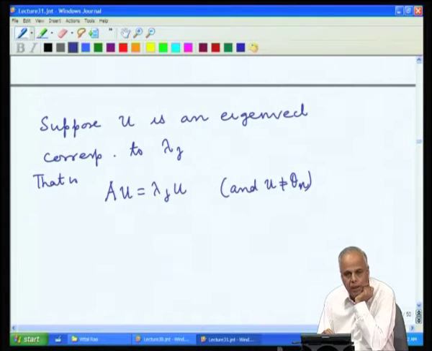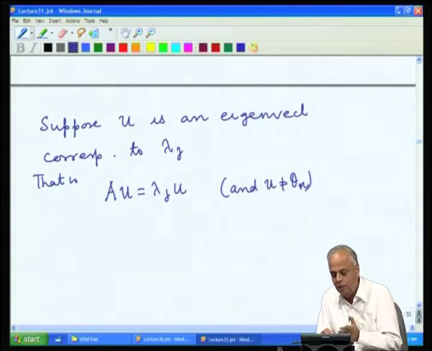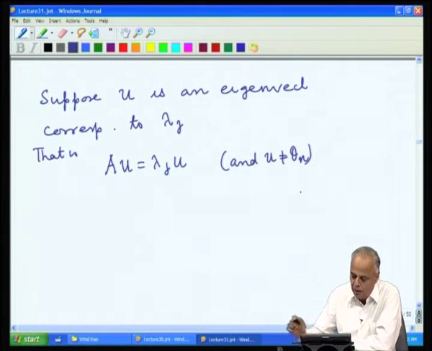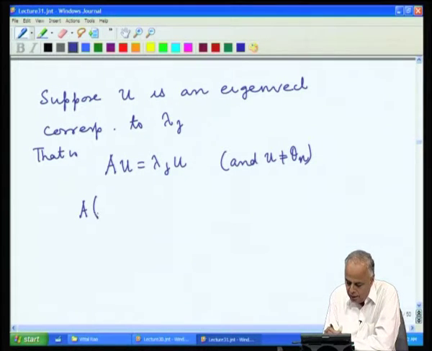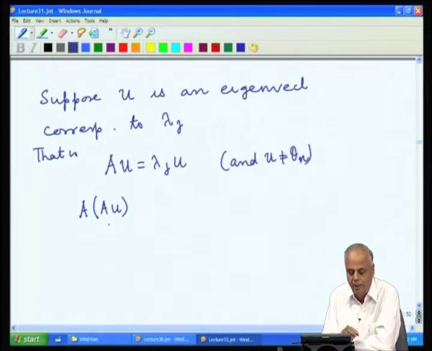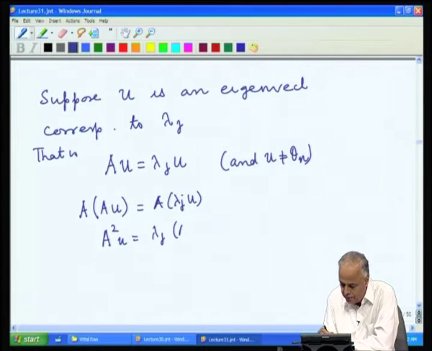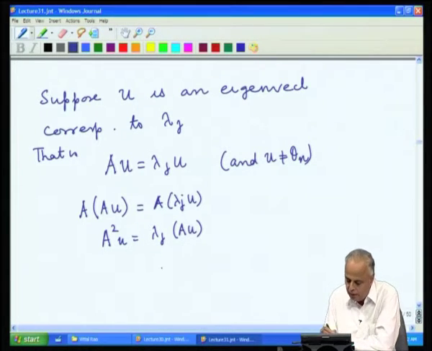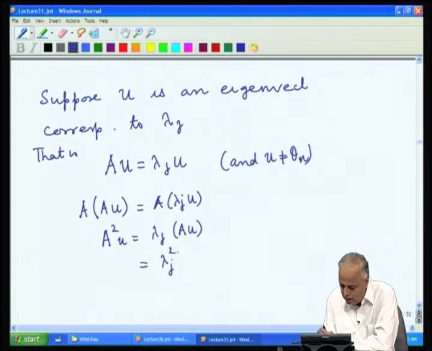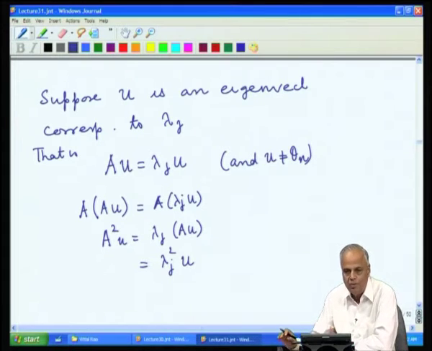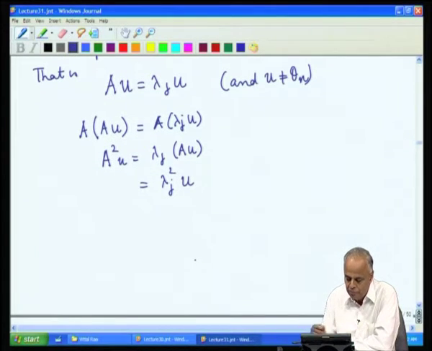So, Au equal to lambda j u, that is the eigen equation, and since it is an eigenvector, it must be non-zero. If that is the case, multiplying both sides by A, we get A of lambda j u, that is A squared u is lambda j into Au, but Au is lambda j u.